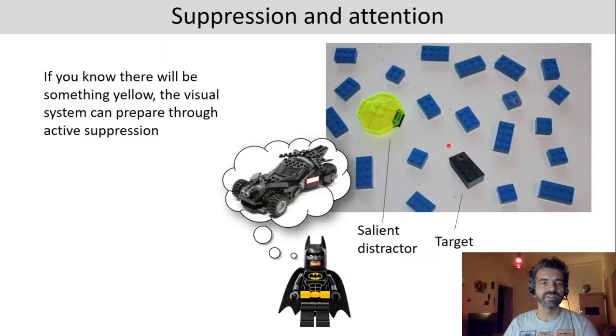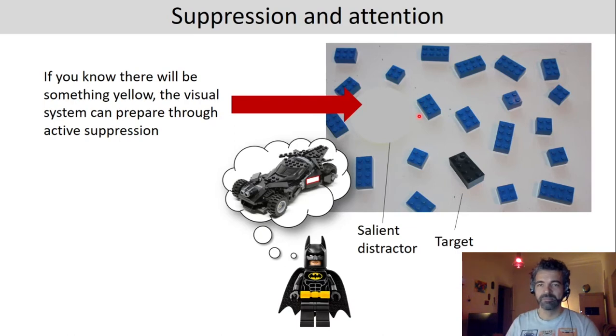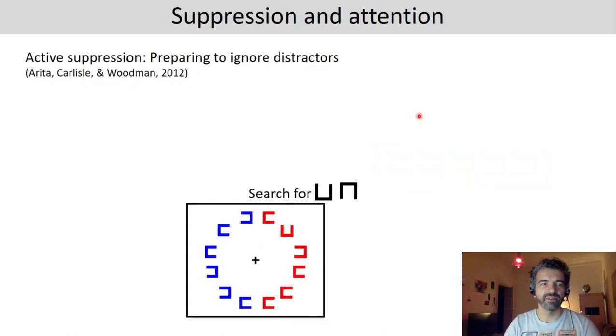And if you know there will be something yellow, the visual system can actually prepare through active suppression. So the idea would be you're expecting this salient distractor to appear here, and then what you can do through suppression is make it less likely that this receives any processing. And there's actually empirical evidence for that, for active suppression.